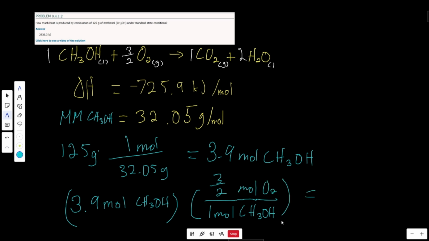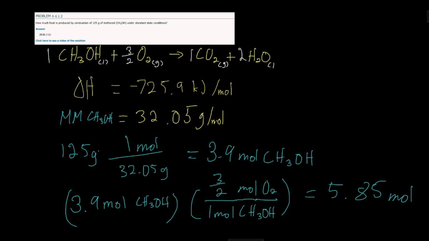And this will get us an answer of 5.85 moles. Now, we can see here that based on the numbers that we have, clearly our limiting reactant is going to be our methanol.